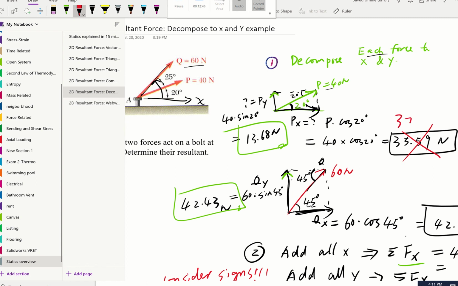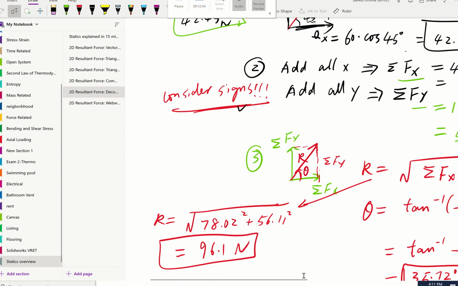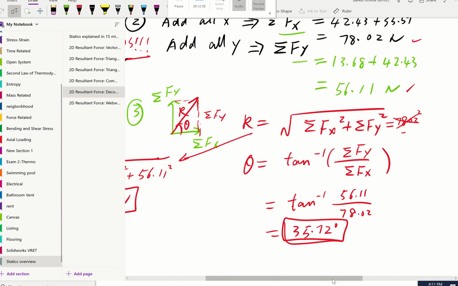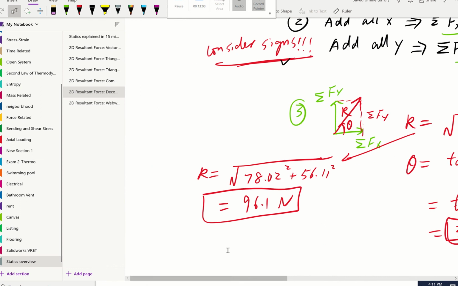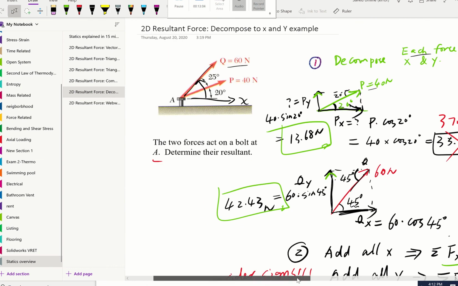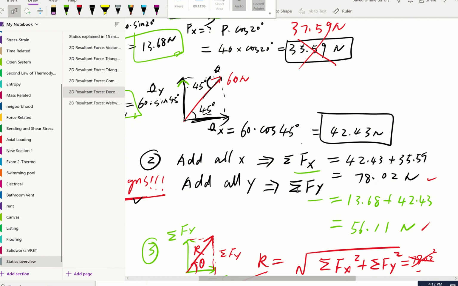It's 37.59 Newton. So knowing that, assume everything else is right, and I'm going to go ahead and change this value right here to 37.59.